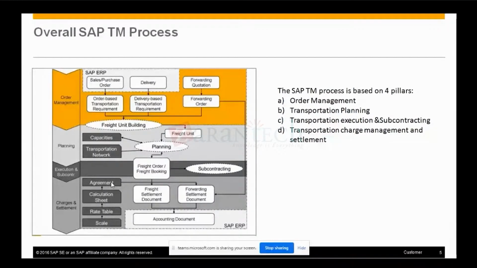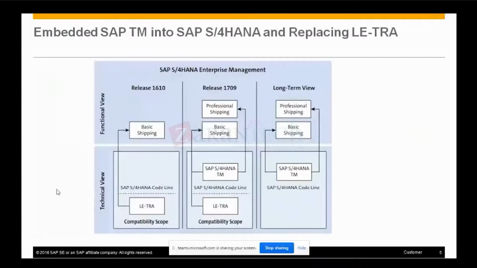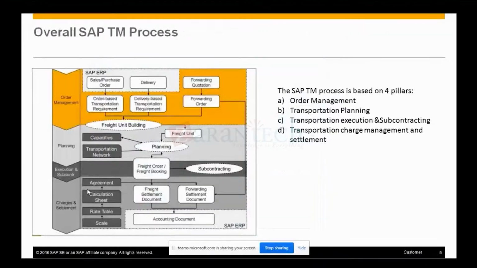Within an agreement, you will find a calculation sheet. The calculation sheet is something like a pricing procedure, where you can see the different charge types and the different modes by which the calculation will happen. If you remember in your ECC, I think everyone has worked on pricing procedure.